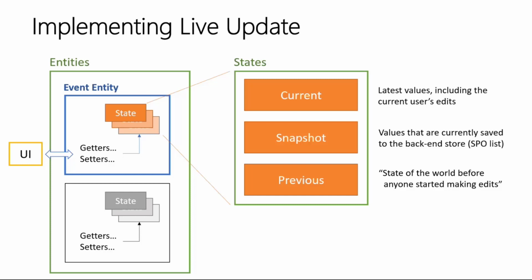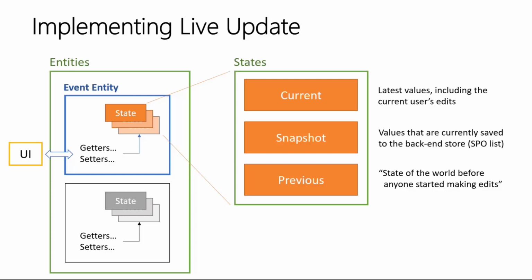Now for live update, we actually have the possibility of creating yet another copy of that internal state. We do this when SharePoint, using that SP list subscription package, notifies our code that a list item has changed. So in the scenario where the current user is making edits to an entity, and another user has also made and saved edits to that same entity, we will have 3 versions of that internal state.